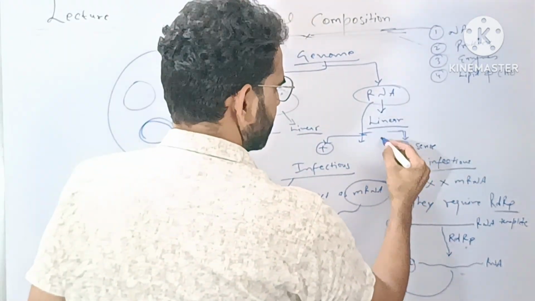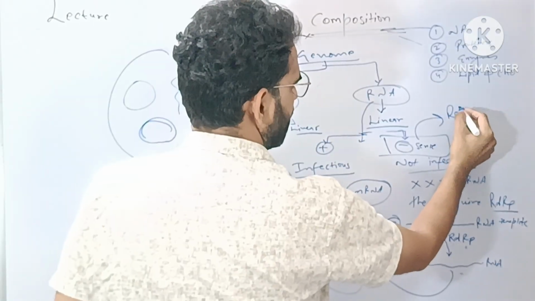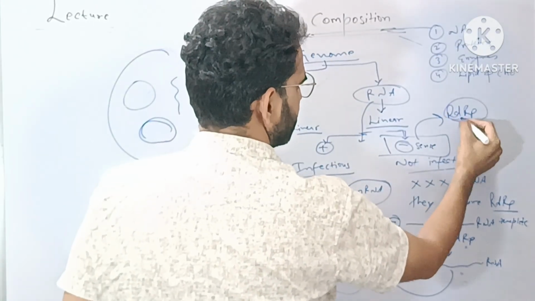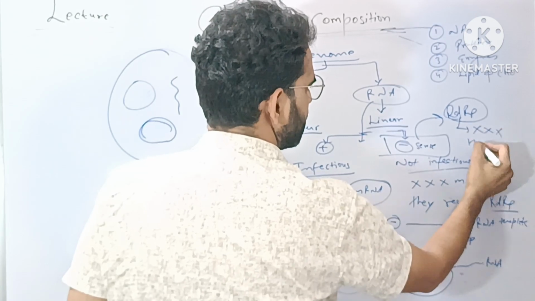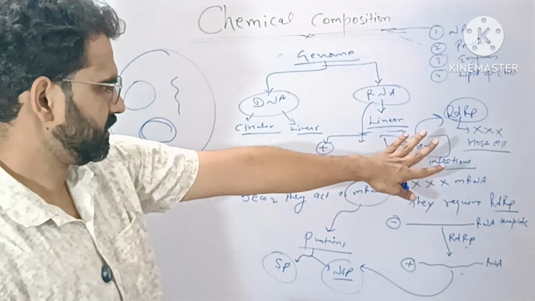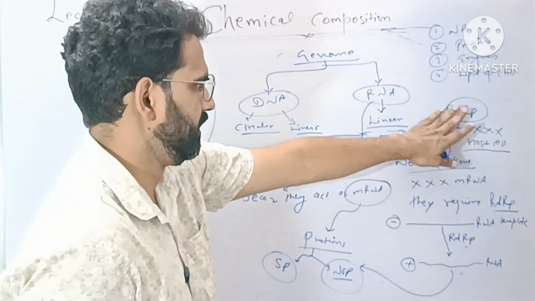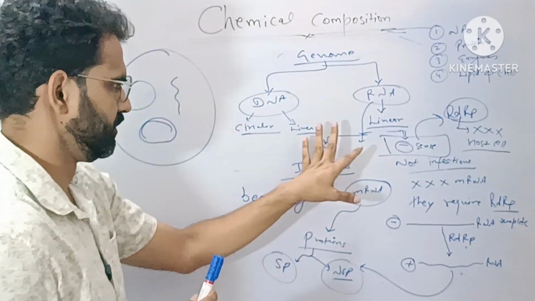It means negative sense viruses have RdRp with them, and this RdRp is absent in the host cell. So the host cell lacks this RdRp enzyme, and it is also absent in the positive sense viruses.